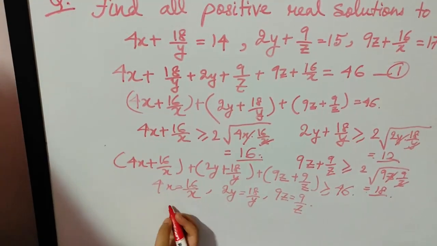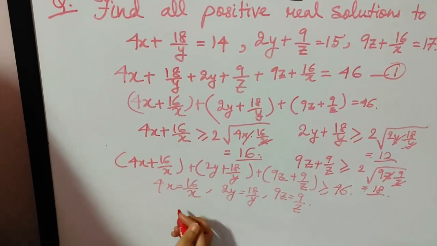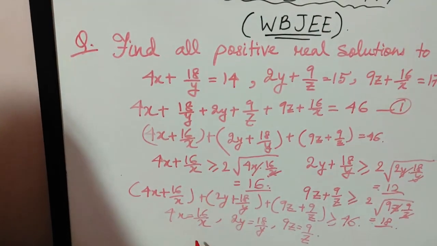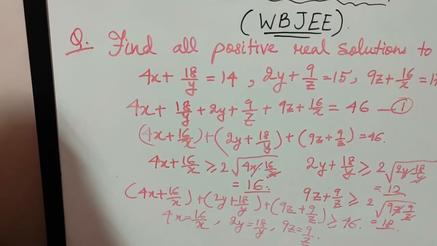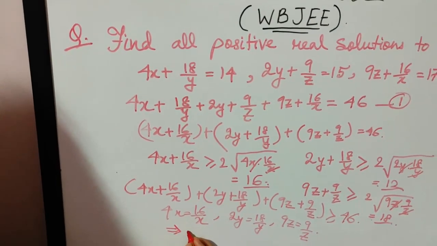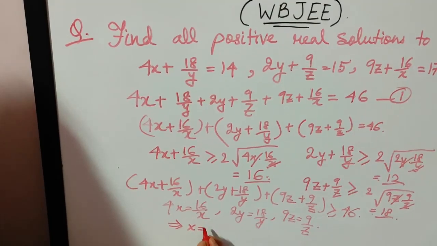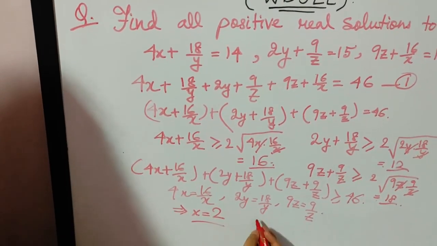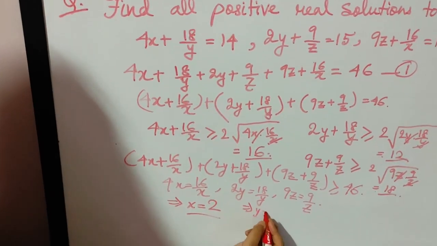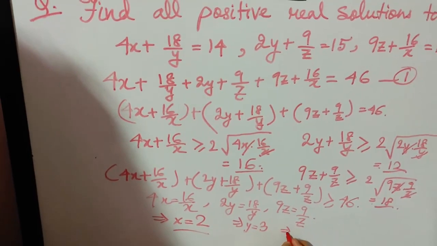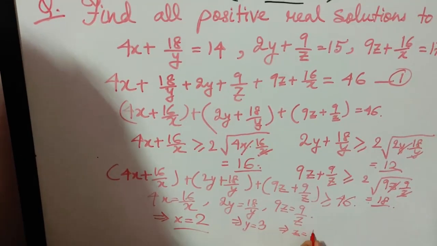So solving this, we are getting two values of x, one positive, one negative, but we are asked for positive real solutions. So we will only consider the positive values of x, y and z. So from here we are getting the value of x as 2, y as 3 and z as 1.